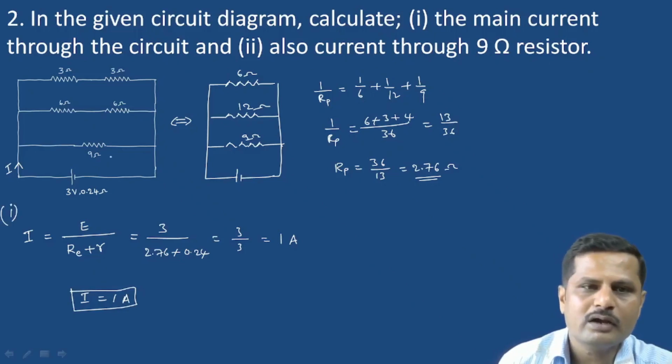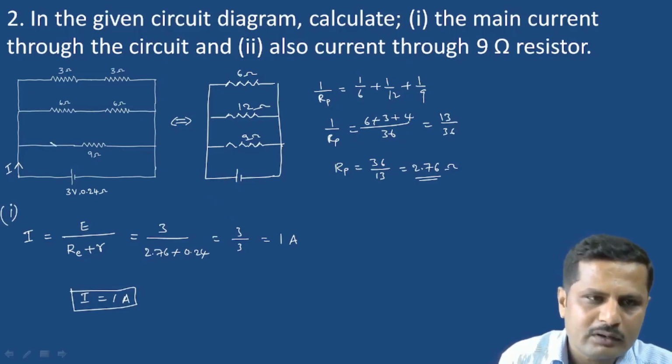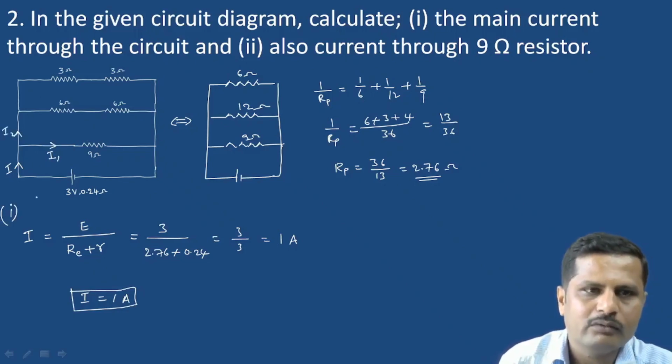Now let me go for the current through the 9 ohm resistor. How can we calculate the current through the 9 ohm resistor? Let me mark the current through the 9 ohm resistor as I1, and the current through the other branch as I2. So by the branch concept, we know that we have here the first resistance as 6 ohm, another resistance as 12 ohm, and a resistance of 9 ohm.